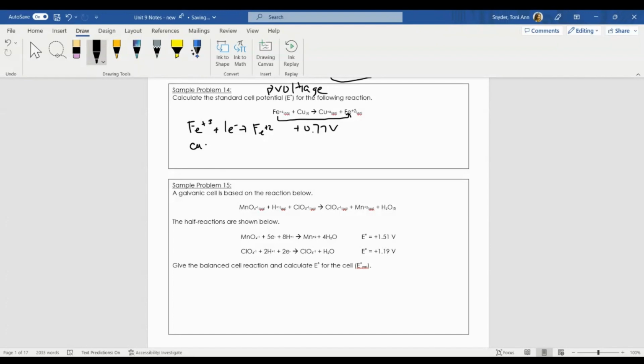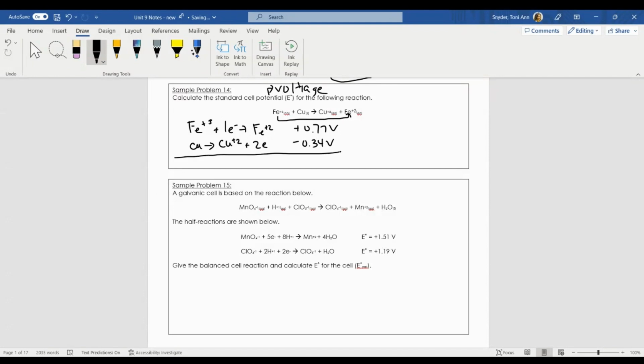So Cu is getting oxidized to produce copper +2 and 2 electrons. This process produces 0.34 volts of electricity. The only thing is that, or the reduction produces 0.34 volts, but I did oxidize it, so we are going to just switch that value right there.